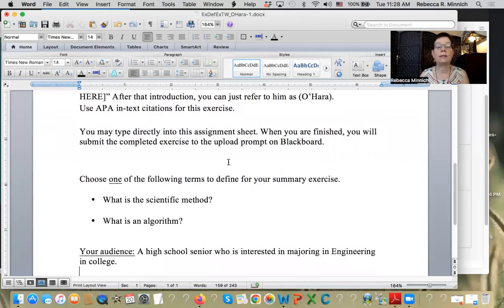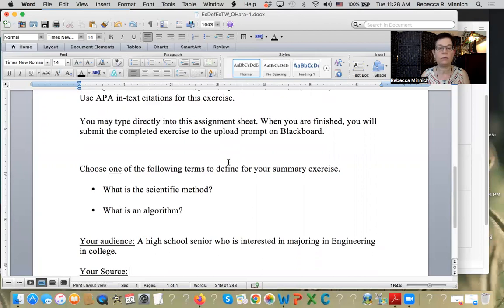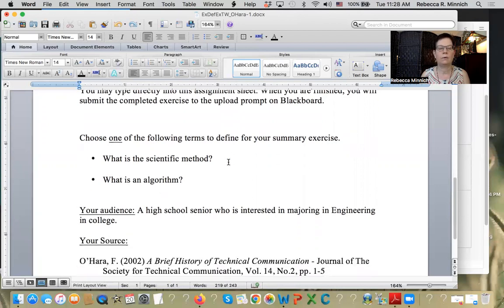You may type directly into the assignment sheet, and when you're finished, you're going to submit it to the prompt on Blackboard. So your audience for this is a high school senior who is interested in majoring in engineering in college. Okay, so think about your audience as you're writing. Make sure that you're not just copying and pasting Frederick O'Hara's words.